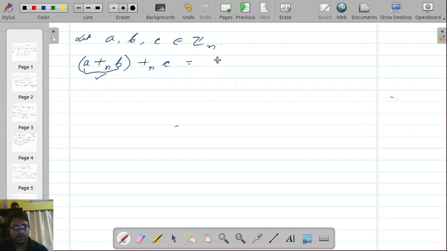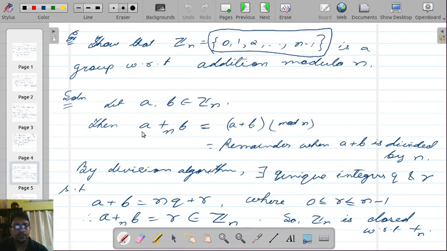So applying the definition, it's a plus b modulo n plus c. This plus is the ordinary plus, and then we take the whole sum modulo n, meaning we consider the remainder when this sum is divided by n. The definition is the remainder when a plus b is divided by n.